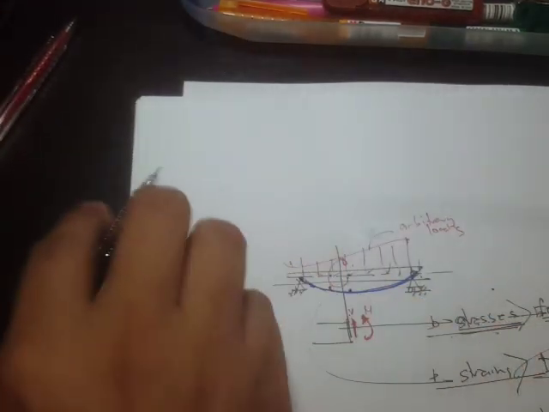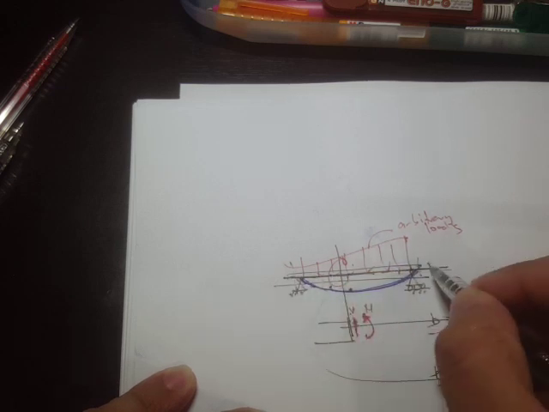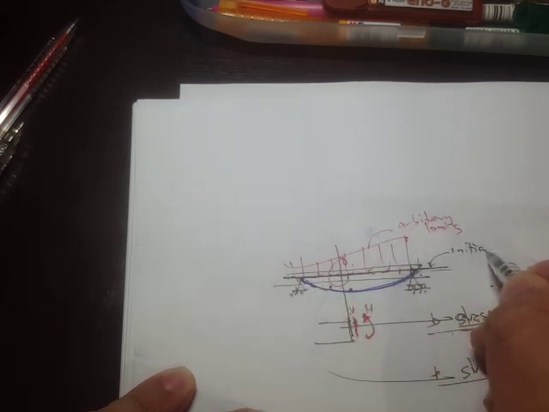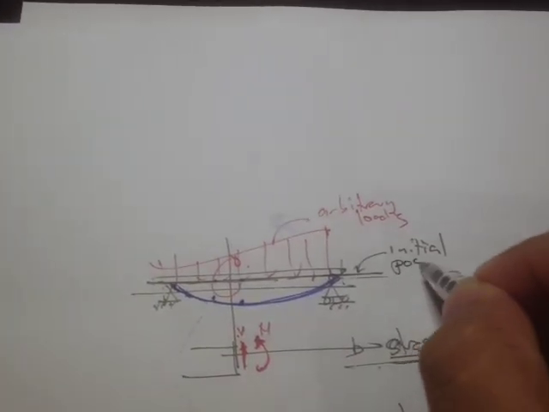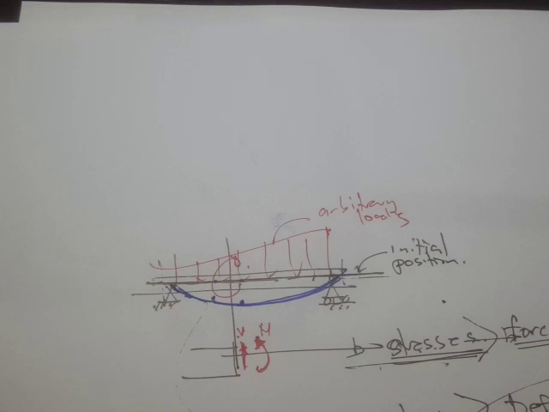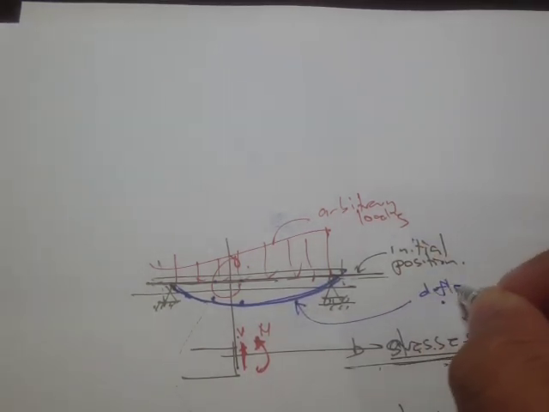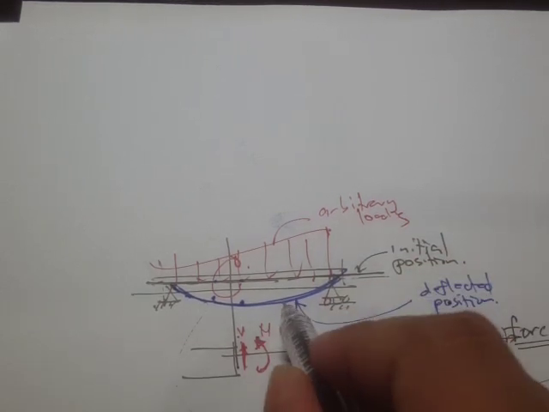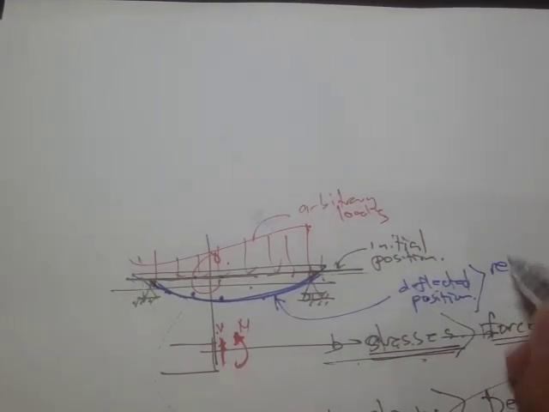From an initial position of this straight line, because of the presence of loads, there's going to be a deflected position, and this curve right here is referred to as the elastic curve.